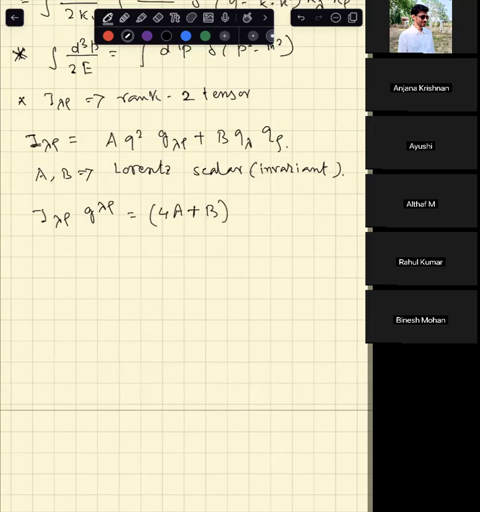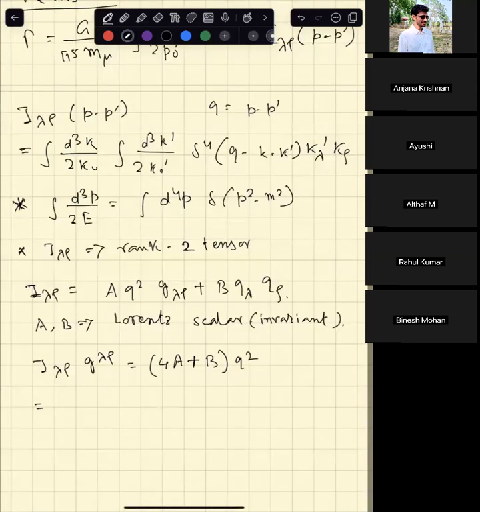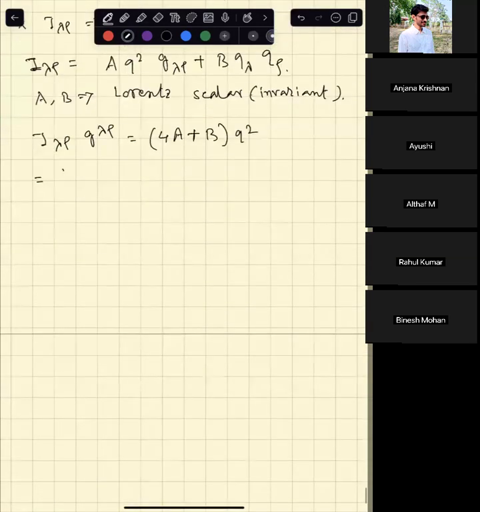So the whole q square will come out. And then we have the explicit form of I lambda rho here, so I can write it as d cube k by twice k naught, then d cube k prime by twice k naught prime, delta 4 of q minus k prime, and then k prime dot k.